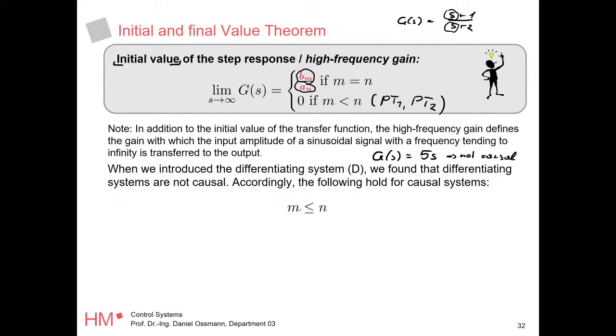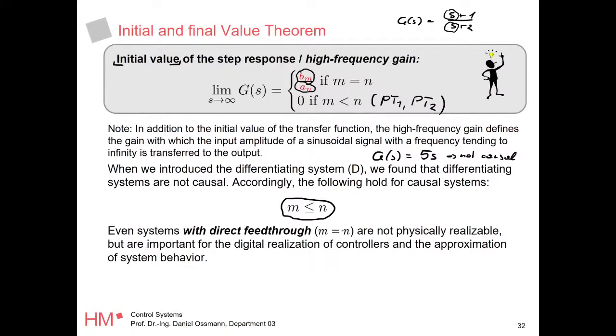So we can conclude that for the transfer function, m is always smaller than n, because if m is bigger than n, it's not a physical system, and it doesn't exist, so to say. It's not causal, and there are no non-causal systems in nature, because we would have to see into the future, which is unfortunately not possible, right?